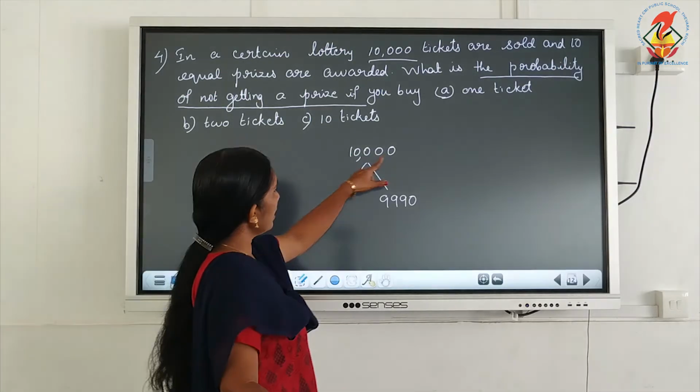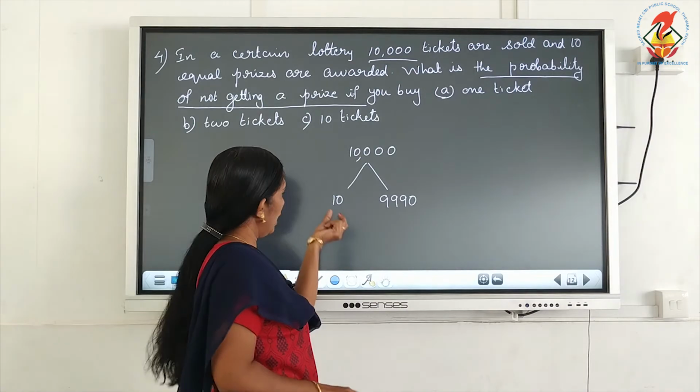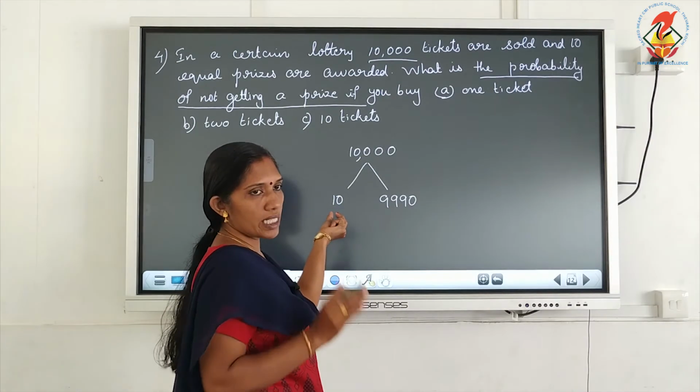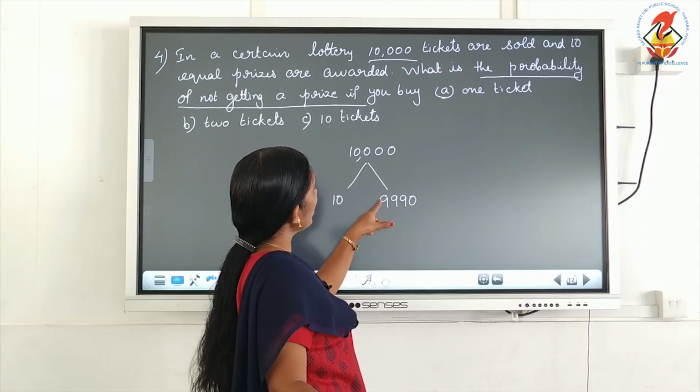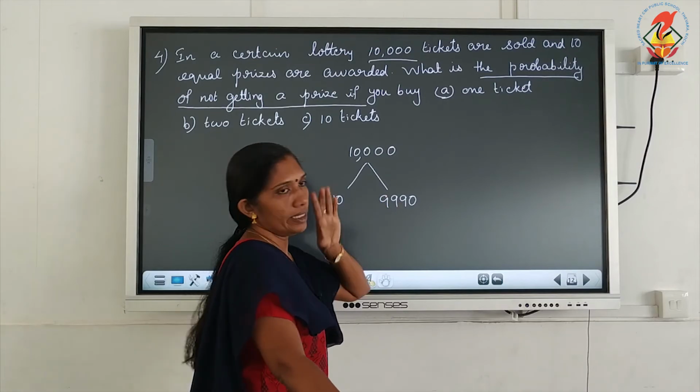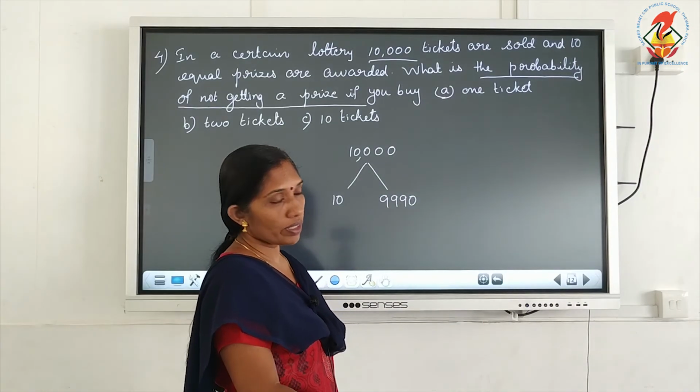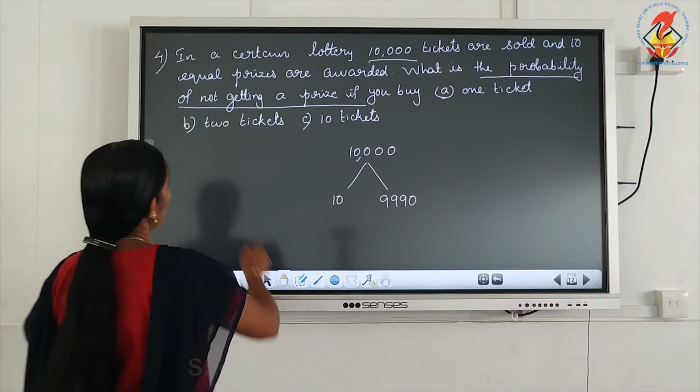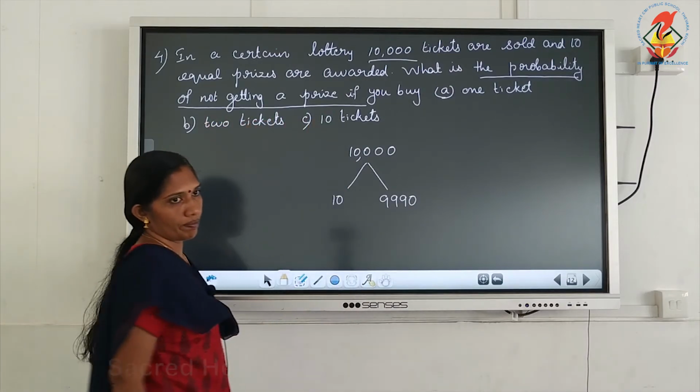So 10,000 tickets divided into 10 prizes. For 10 tickets we get a prize, for 9,990 no prizes. Okay.